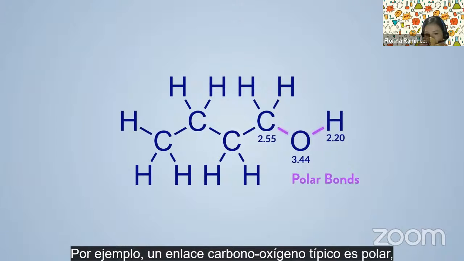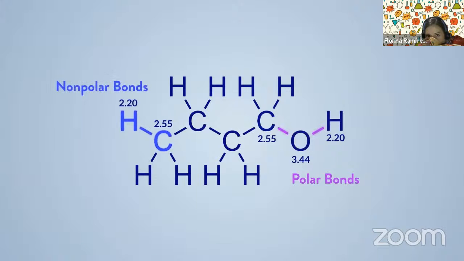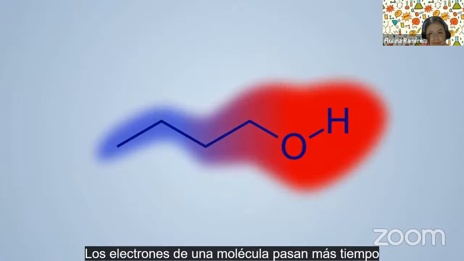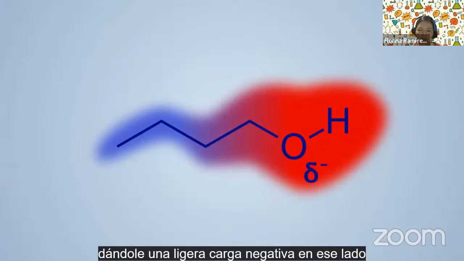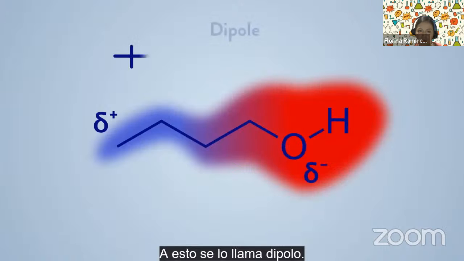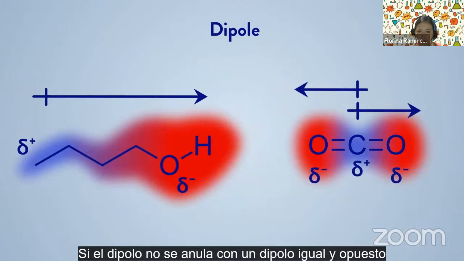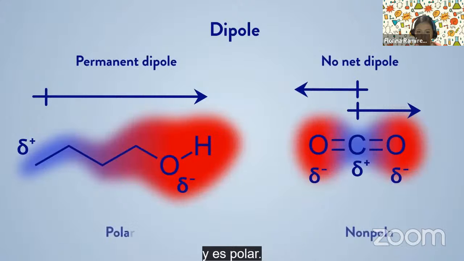For instance, a typical carbon-oxygen bond is polar, but a typical carbon-hydrogen bond is not. A molecule's electrons spend more time around its most electronegative atoms, giving it a slight negative charge on that side and a slight positive charge on the other side. This is called a dipole. If the dipole isn't canceled out by an equal and opposite dipole in the same molecule, the molecule has a permanent dipole and is polar.